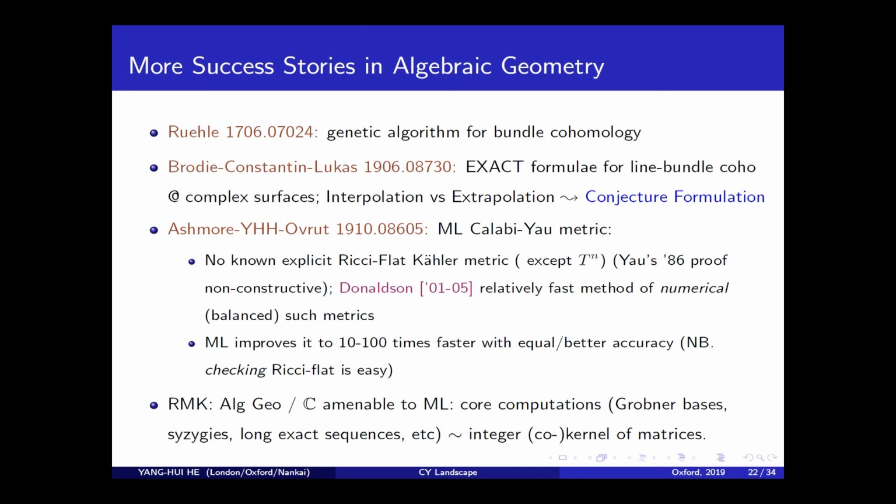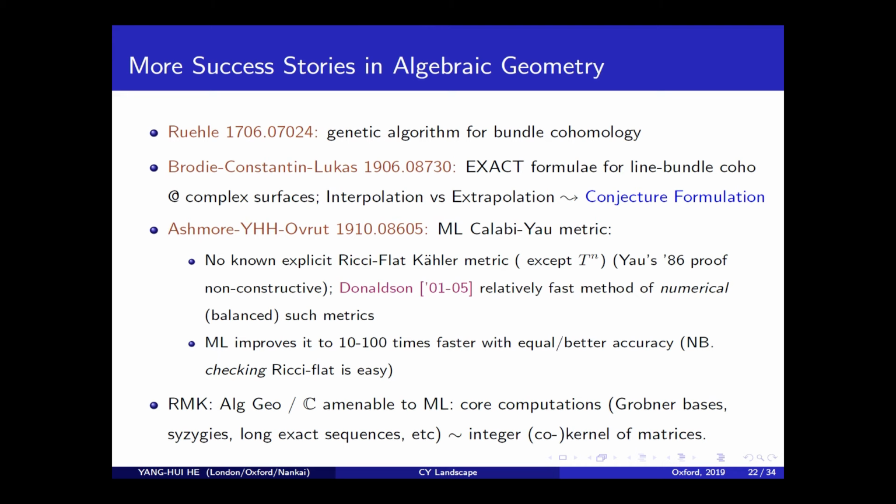But thank God, Donaldson, another Fields medalist, came up with a relatively fast, efficient numerical method of finding these metrics, which should be used to start computing Yukawa couplings and masses. But again, it's exponential running time. So it's a perfect problem. We used machine learning, just a simple gradient boosted decision tree, and it was already improving it by almost 2 orders of magnitude in terms of getting the numerical metric. So that's kind of nice.